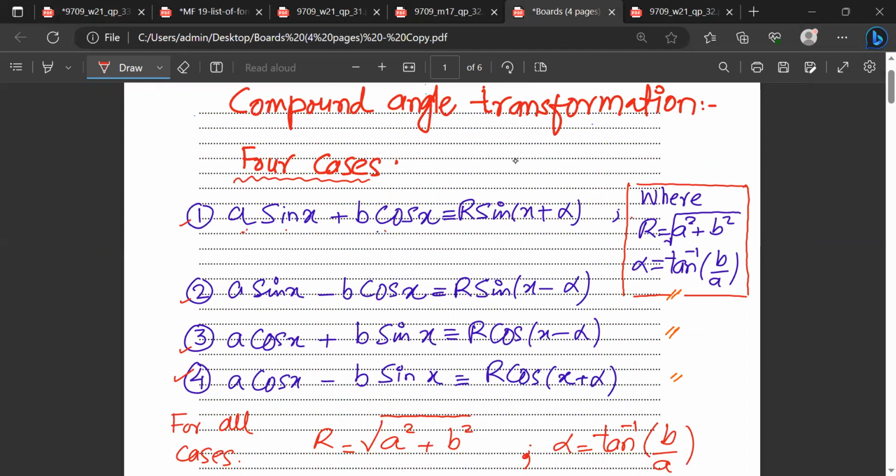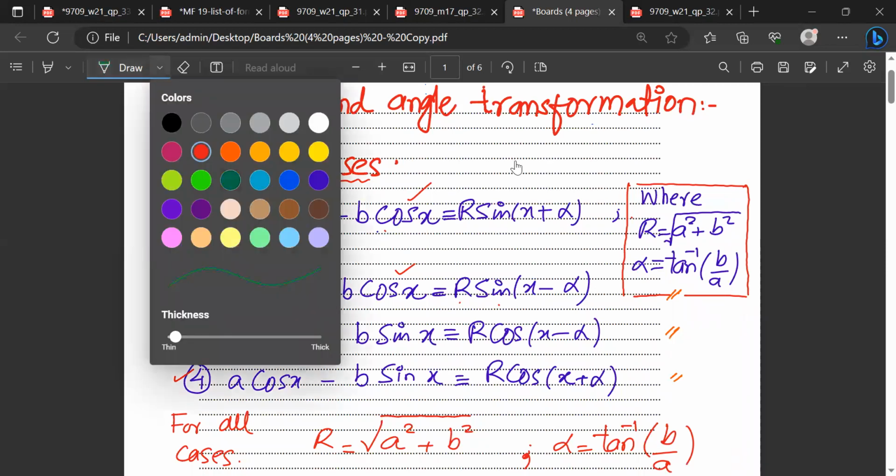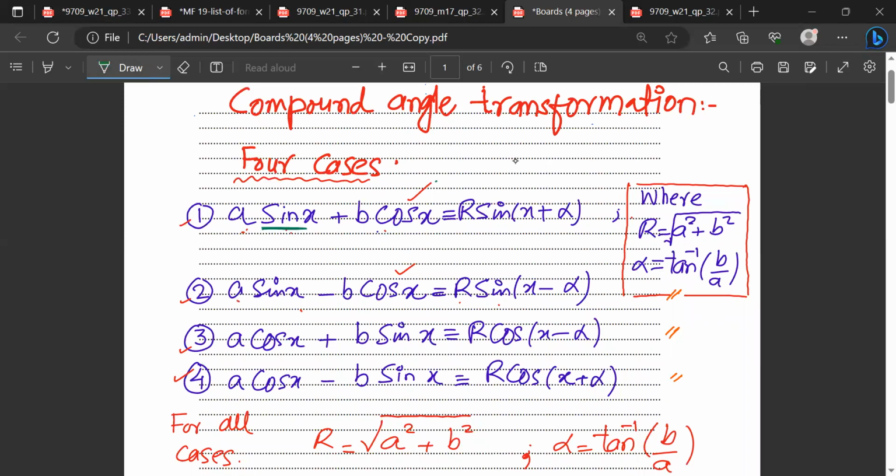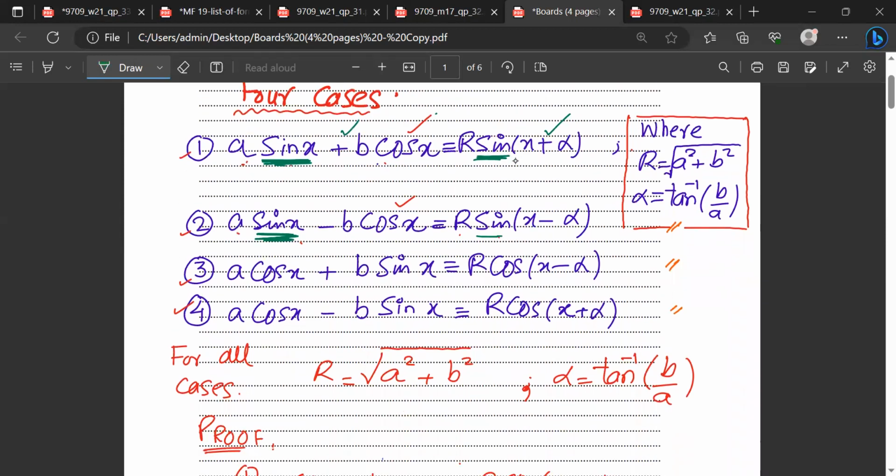The second is a sine x minus b cos x, which is r sine(x minus alpha). If sine is first on the left, it should be sine on the right hand side, and the signs are the same on both sides: plus and plus, negative and negative. R is common in all the cases.